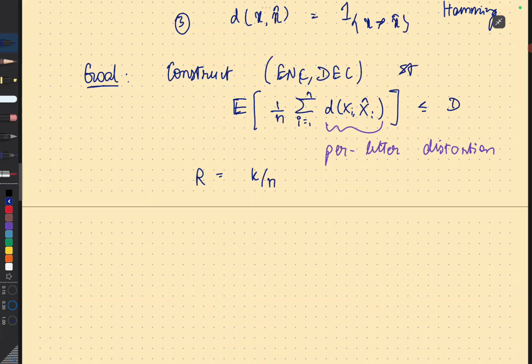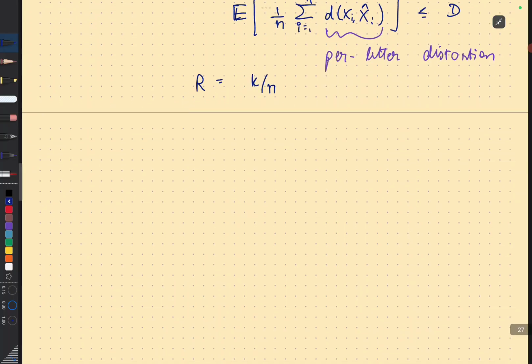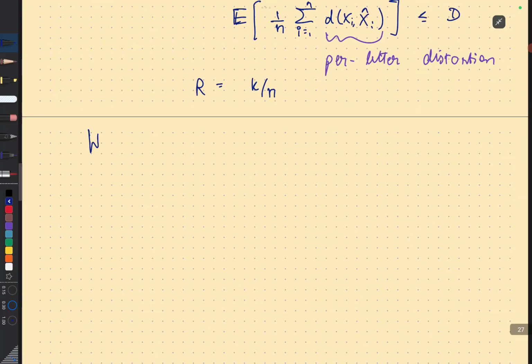And our goal is to find out what is the smallest rate that we can achieve for a given target distortion D. So I fix a particular D. I want to know what is the smallest value of R that you can achieve.